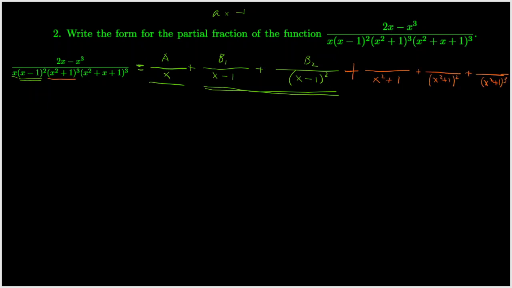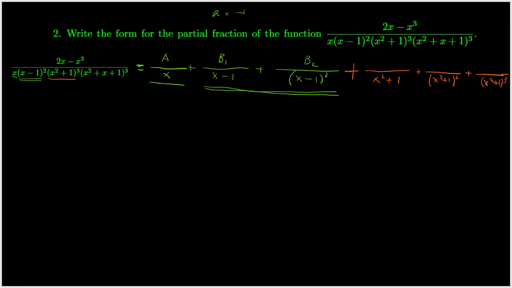The numerator is always a linear function. I used A and B, so can I use C and D for this? For the numerator, I'm going to use C and D for the numbers.